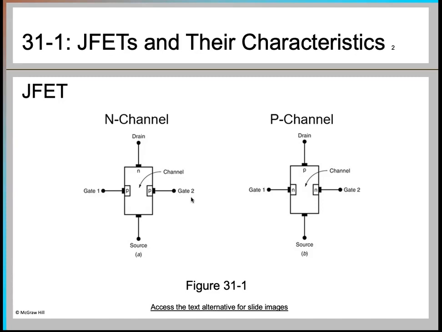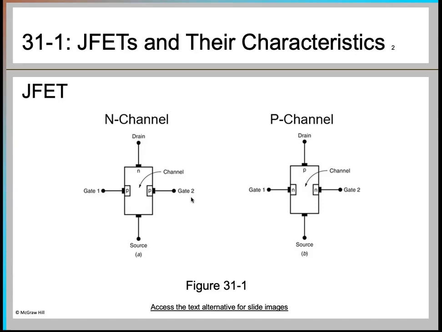But the difference between these two is that BJT is a current control device, whereas field effect transistor is a voltage control device. What does that mean? It means that the output current of the BJT depends upon the input current. Whereas in the field effect transistor, the output current is dependent upon the input voltage.